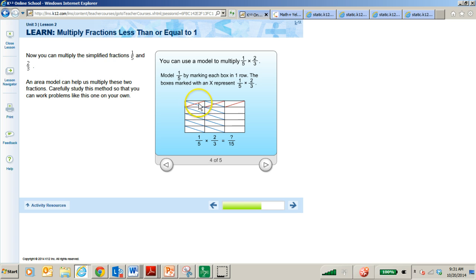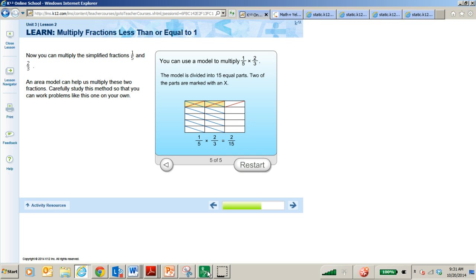And if they take one of those fifths, see how they marked across all the way? So they have 2/3 in blue and 1/5 in red. So all of the pieces, now that they've divided up, there's 15 in all, and you have to look at the overlapping part. If we have 1/5 of 2/3, we only have 2/15. And so you can see the answer up here.